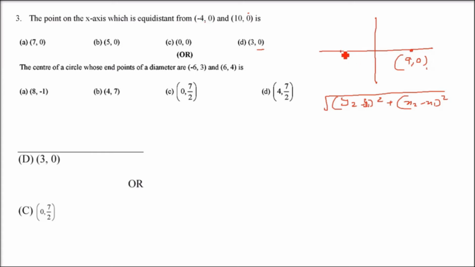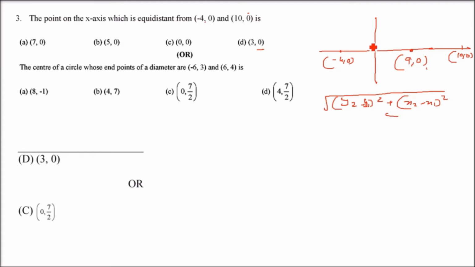The other method, just by looking at these points, (minus 4, 0) and (10, 0), the point (a, 0) is in between and is equidistant from (minus 4, 0) and (10, 0).